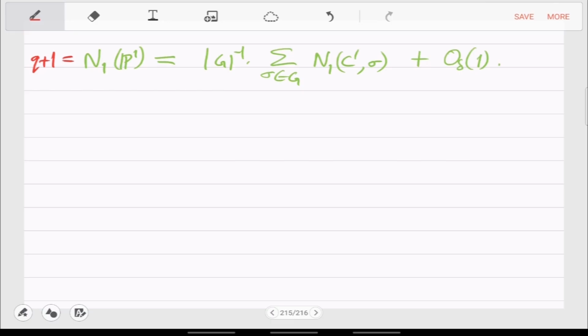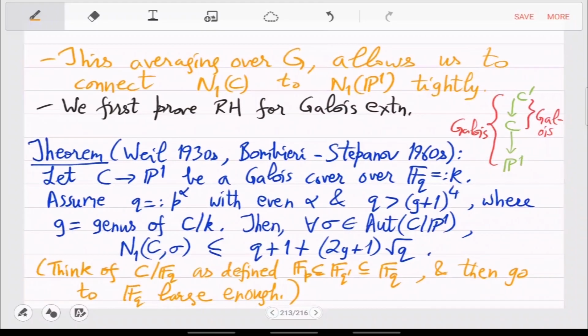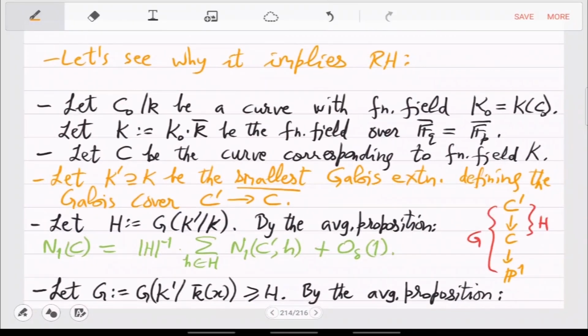So by the theorem, for all sigma in G, N1 C prime sigma then has to be the main term Q plus 1 and whatever was that upper bound, which is 2G plus 1 square root Q.